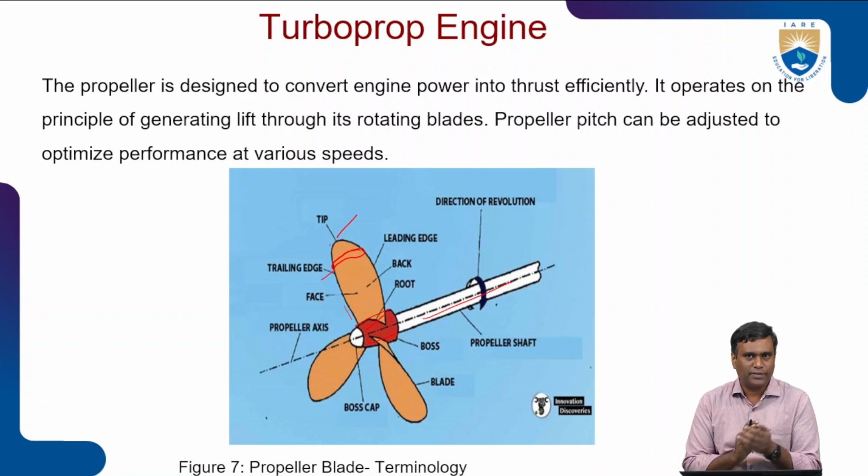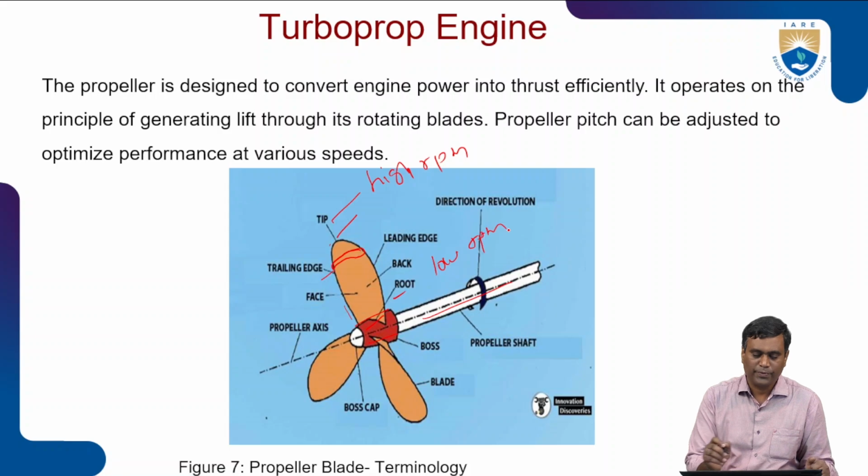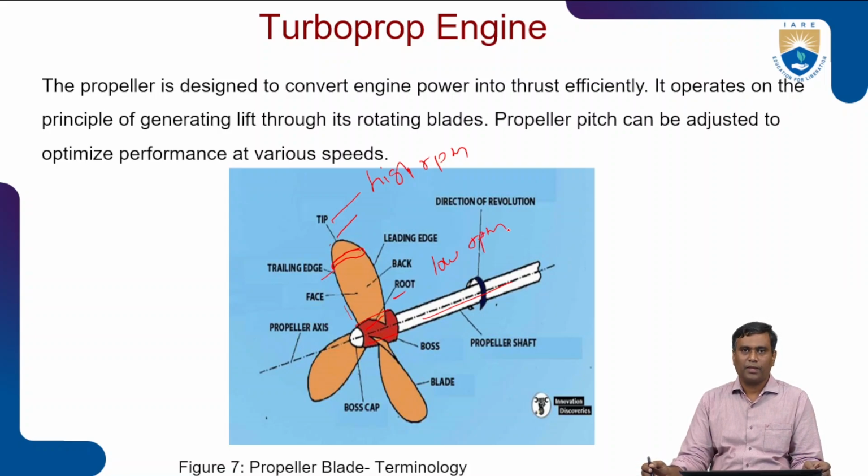It generates lift, and that lift will be converted through the propeller into thrust. Usually, the tip rotates at high RPM, and the root rotates at low RPM.